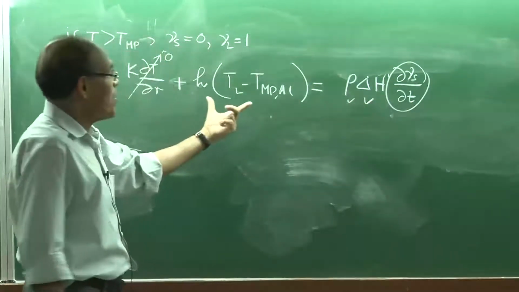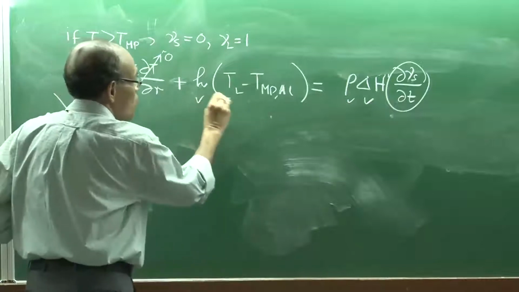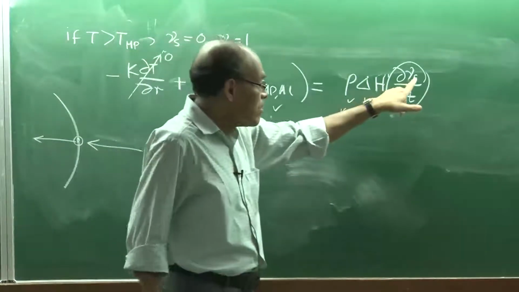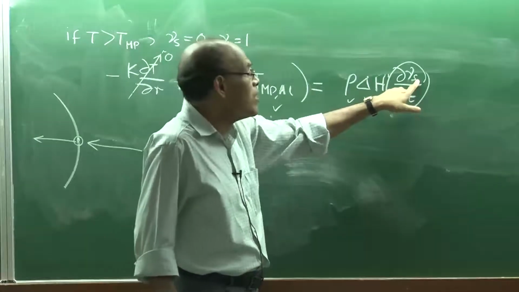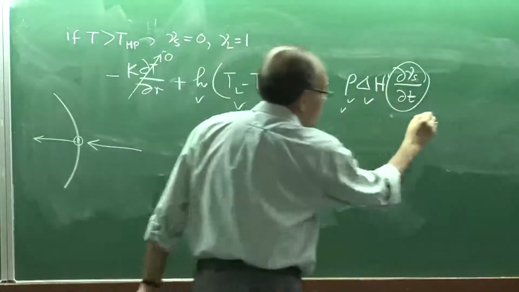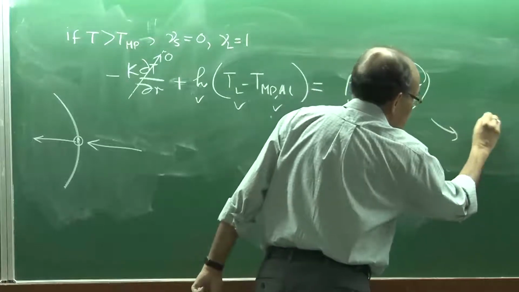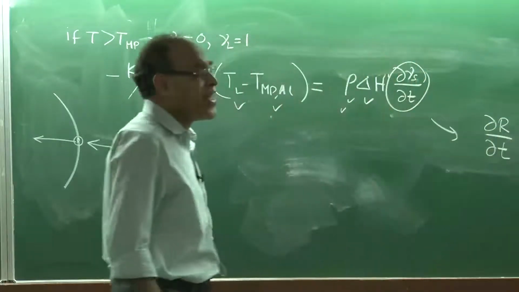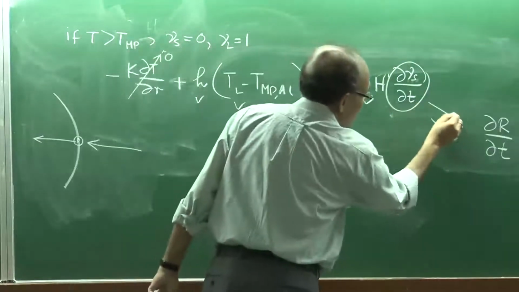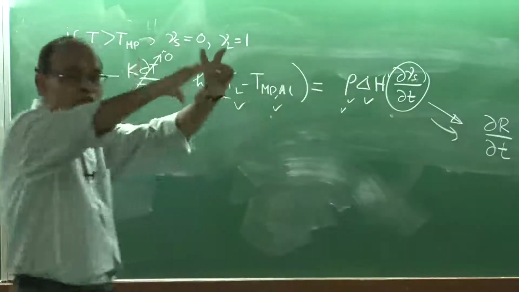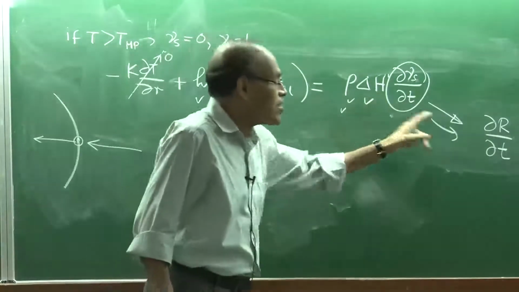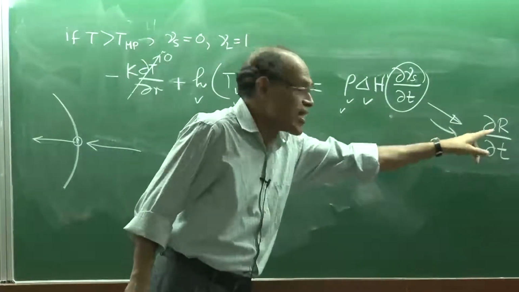time on the basis of this equation itself, because this is known, this is known, this is known, this is known, and this parameter, the solid fraction itself, I can also convert this equation in terms of the rate of change of, simply by material balance, how much has liquefied, because I know the sphere, and as a result of which how much the radius has changed.